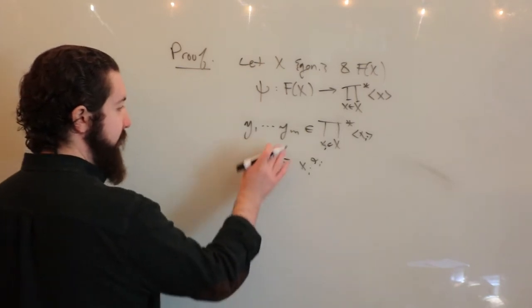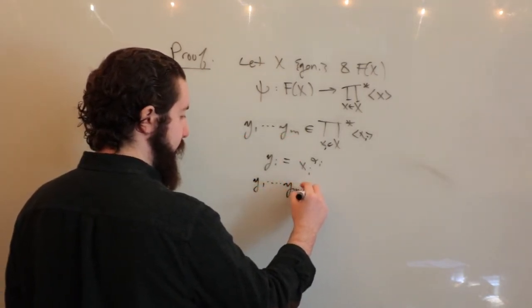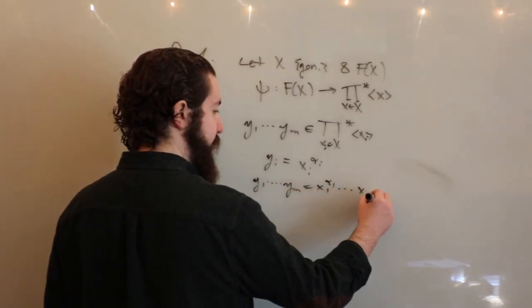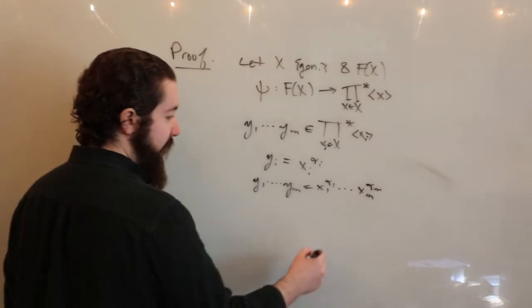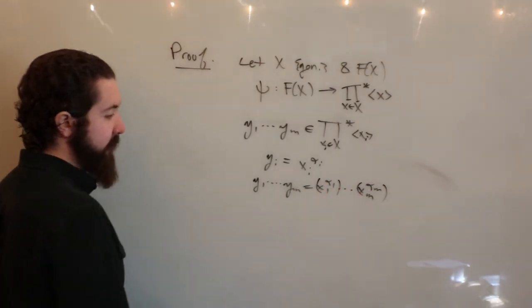So that means that y1 to ym, the reduced word, can be written as x1 to the alpha 1 all the way up to xm to the alpha m. Of course, we have parentheses, so to speak, around these.